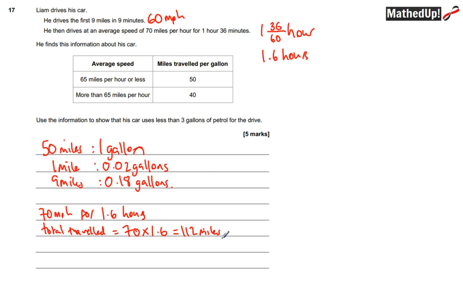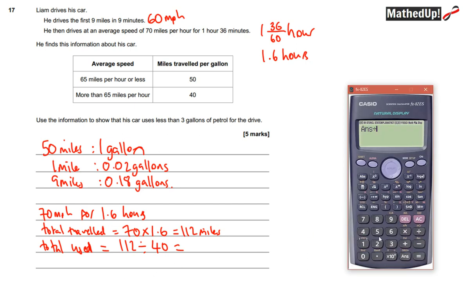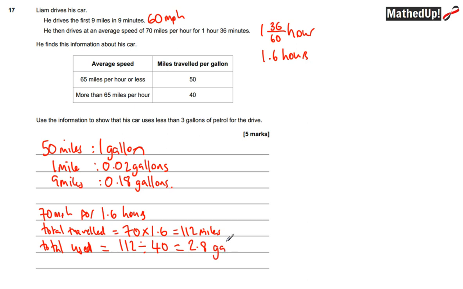So if he's travelled 112 miles, for the total fuel used we're going to do 112 divided by 40. Okay, 112 miles divided by the 40 miles per gallon, and that's going to give us 2.8 gallons.